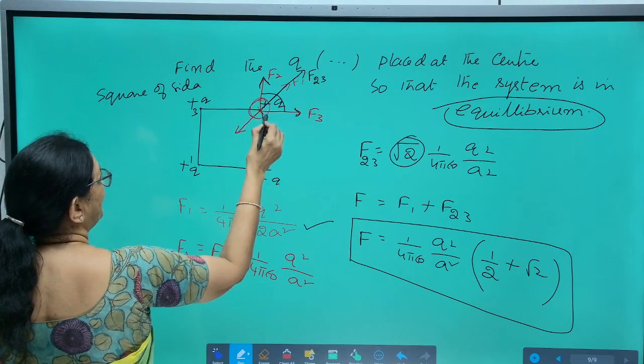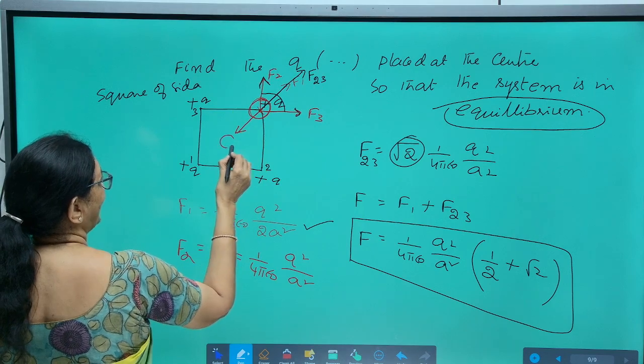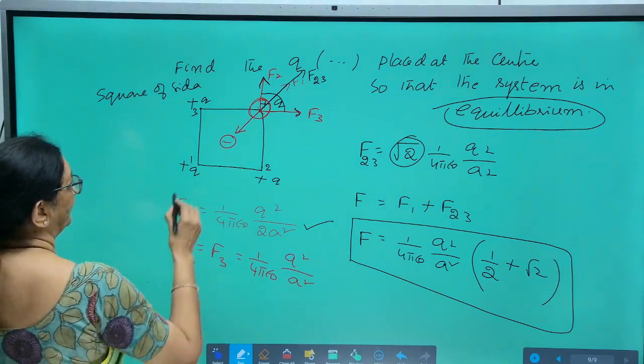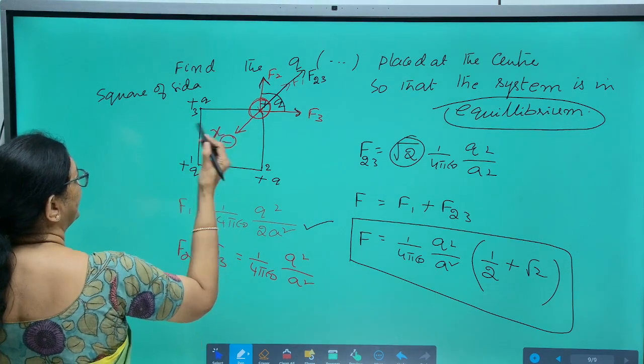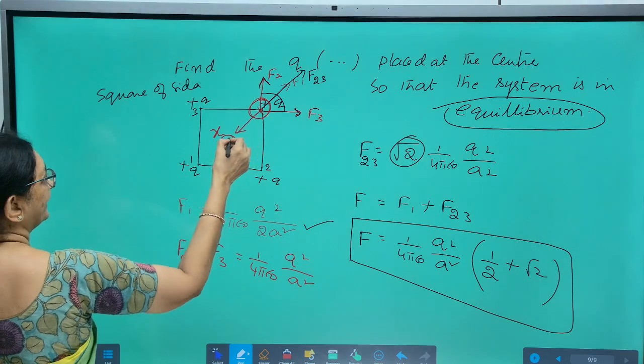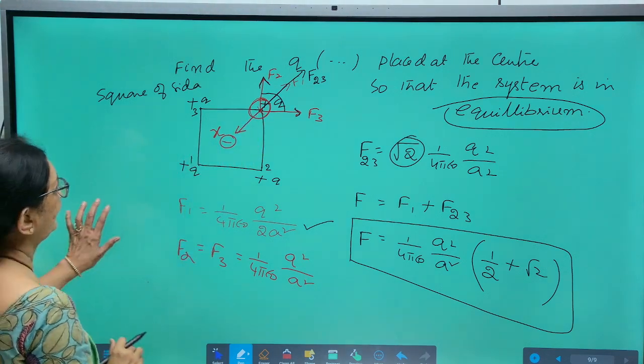This corner charge is positive, so the charge placed here should attract it. So, it has to be negative. Let us take its magnitude as x. Let us find the force between these two charges.